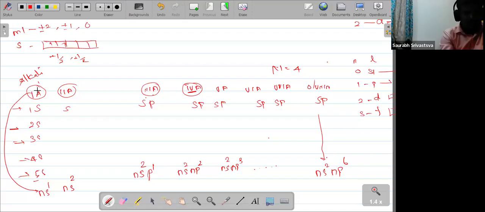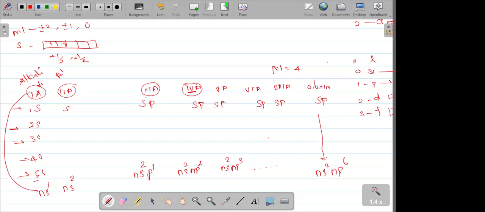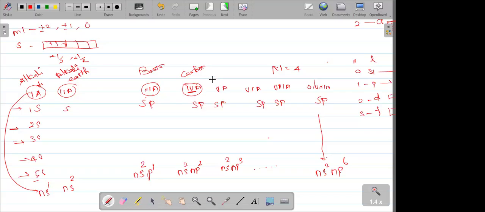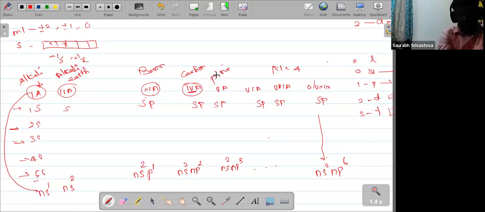The first group, 1A, is called the alkali metals. The second one is alkaline earth metals. And here the boron family. And this one is the carbon family. And the next one is the nitrogen family.